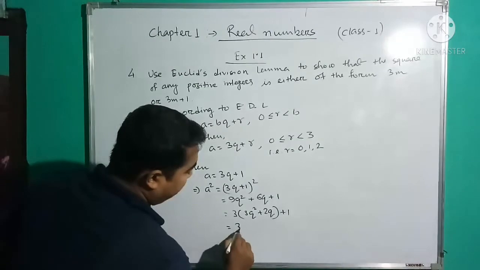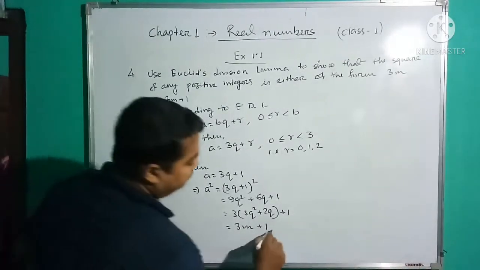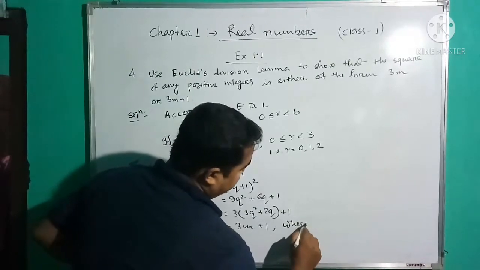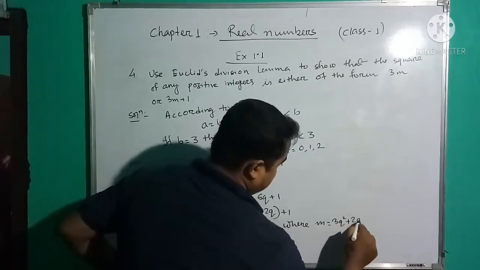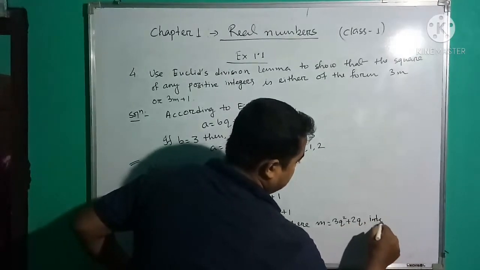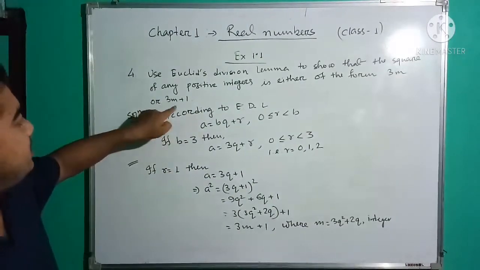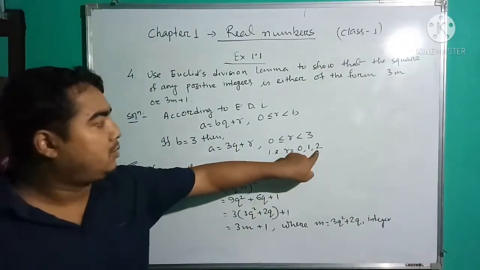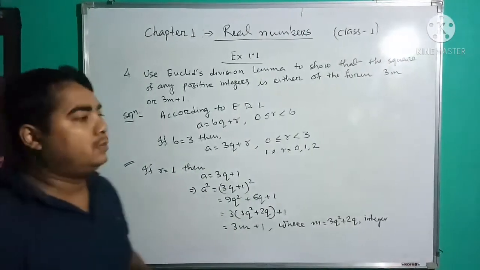So the bracket part is m, plus 1, where m equals 3q square plus 2q, an integer, meaning m is an integer. Okay, we got 3m plus 1, but you can't avoid r equals 2. So do the next step for r equals 2.